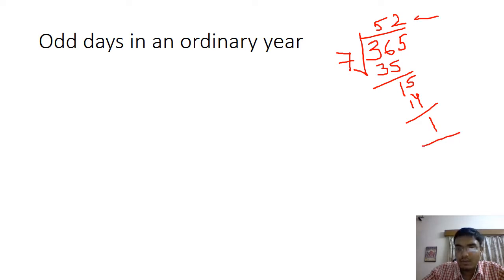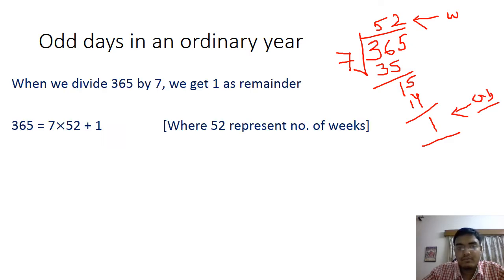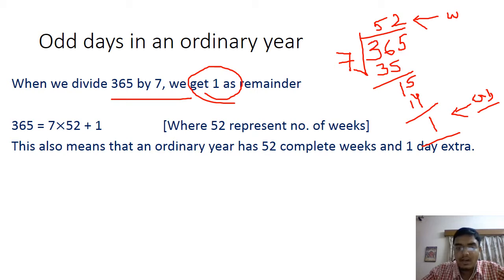So now 52 represents the number of weeks, while this 1 represents what? Odd days. Clear? So whenever we divide 365 by 7, we get 1 as remainder, and this 1 is our odd day. So any ordinary year leaves 1 as odd day. What does this 1 mean? That any ordinary year has 52 complete weeks and 1 extra day.